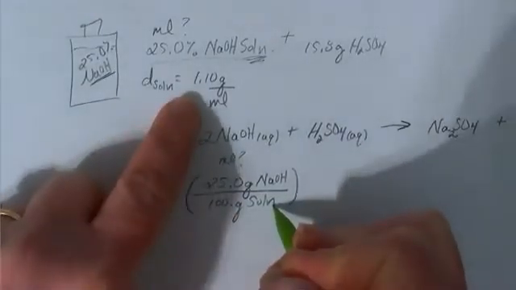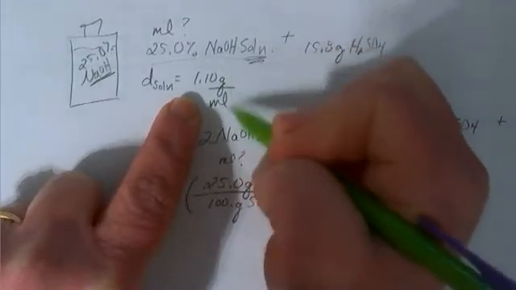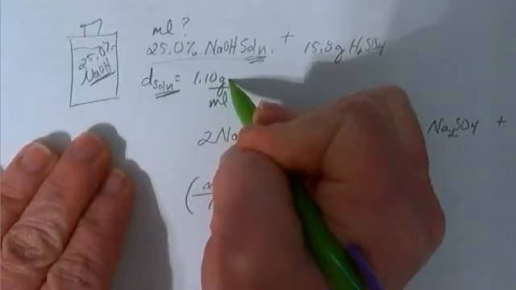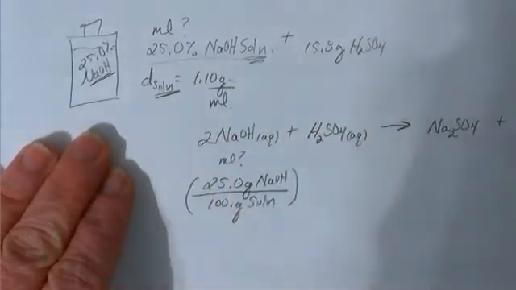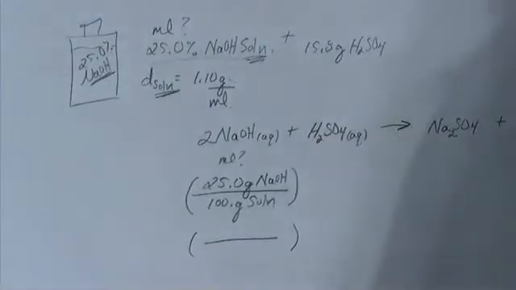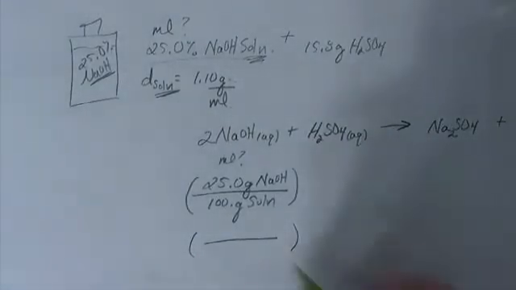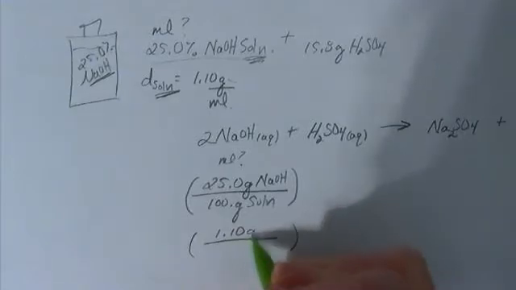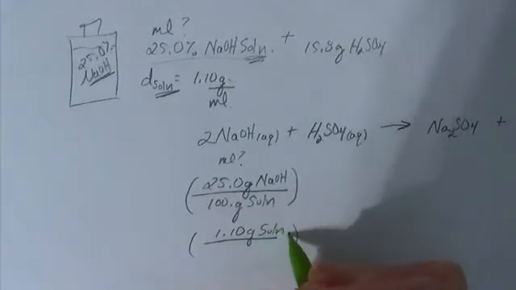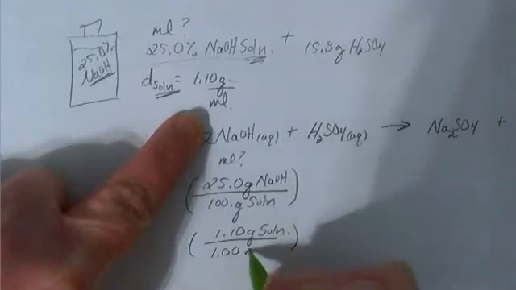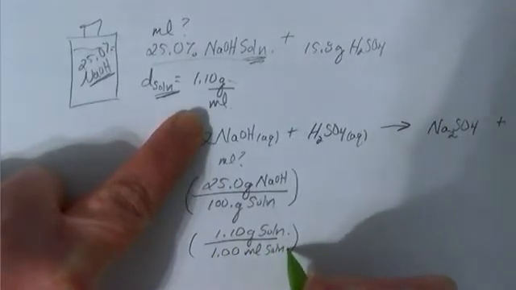And the density. Now, what this means is how many grams of solution I have per milliliter. That can be directly interpreted as a conversion factor as well. It will be a mass of 1.10 grams of solution, because it's density of solution, for every 1 milliliter of solution.